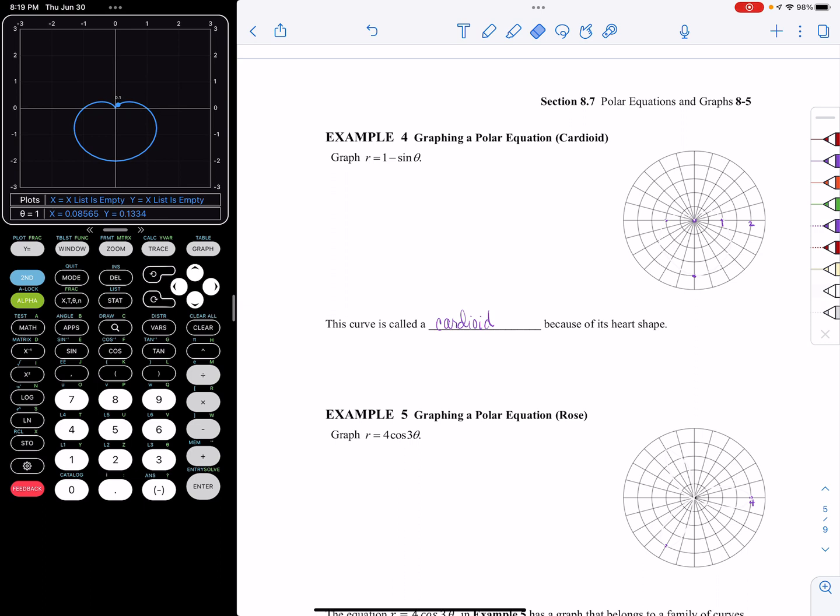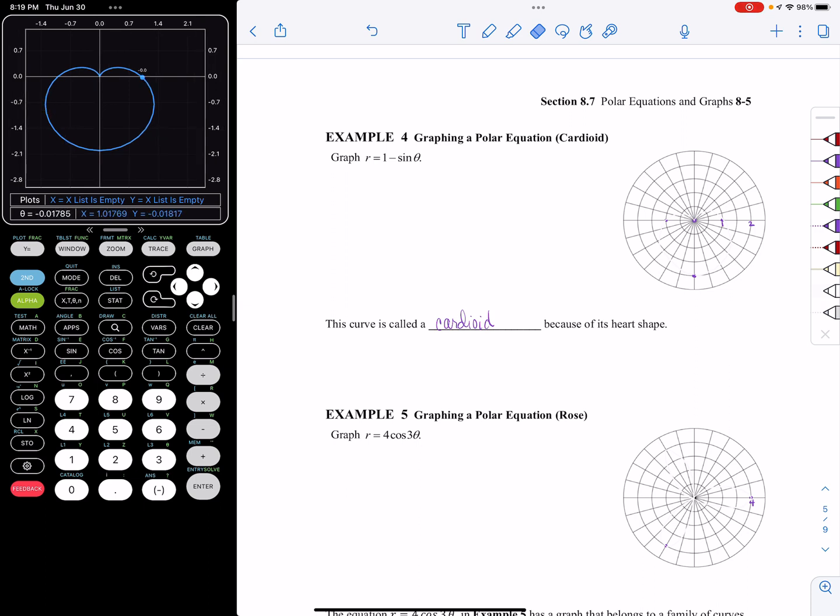But yours should have landed on the positive x-axis. Yeah, it won't really let me mess with it a lot. So, let me see if I can do it manually here.